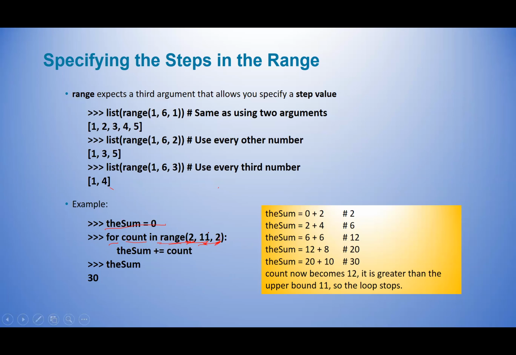So you will go from 2 to 4, 6, 8, 10. That's it. The sum is equal to the sum plus count, right? So count will be 2, and then 4, then 6, then 8, then 10. That's it. So this is how it runs.